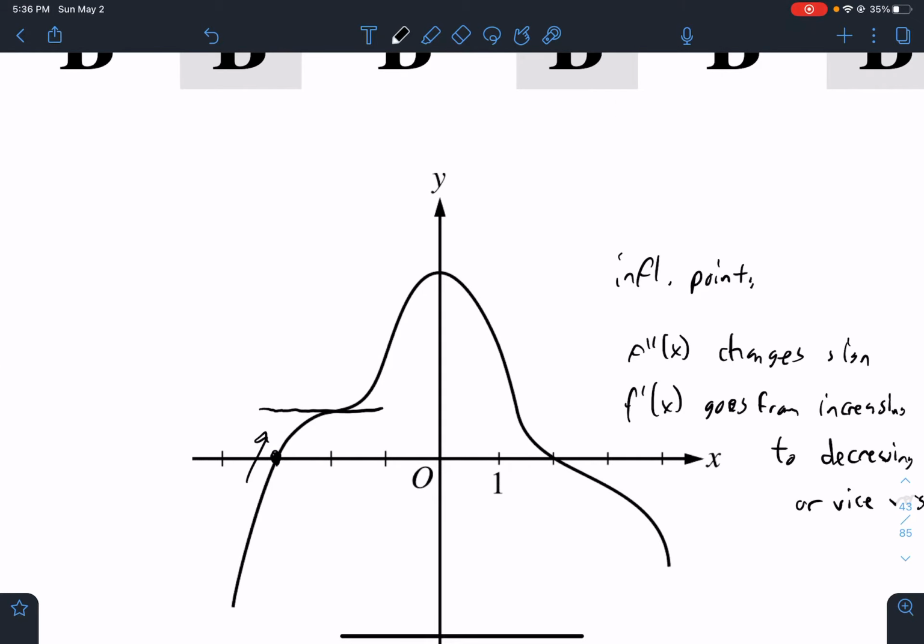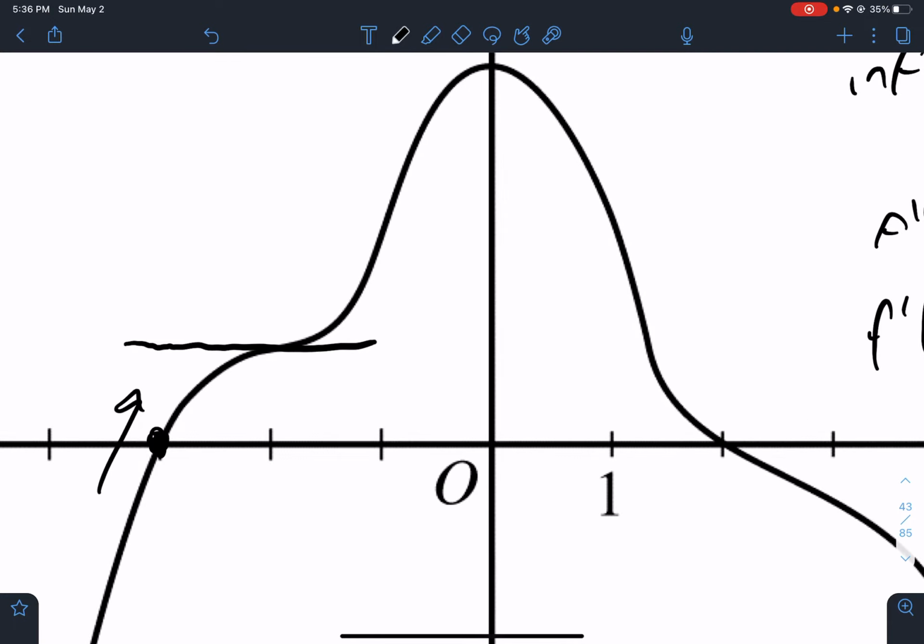But if we look, for it to have an inflection point, f prime has to go from increasing to decreasing. So the slope has to change from positive to negative. And what it does here is it goes to 0, but the slope is never negative. It never goes down like that. It keeps going uphill.